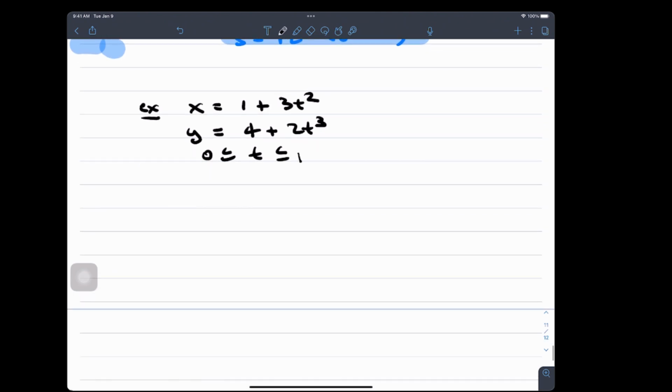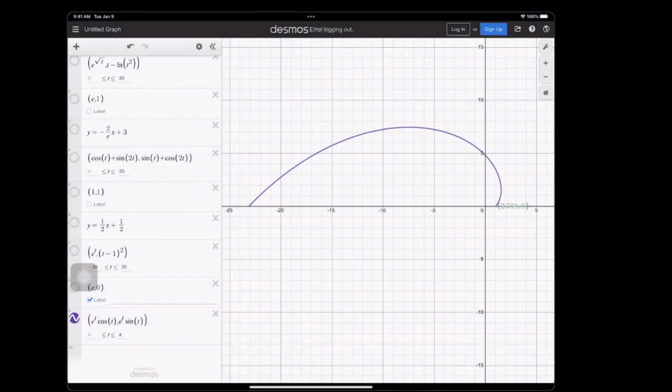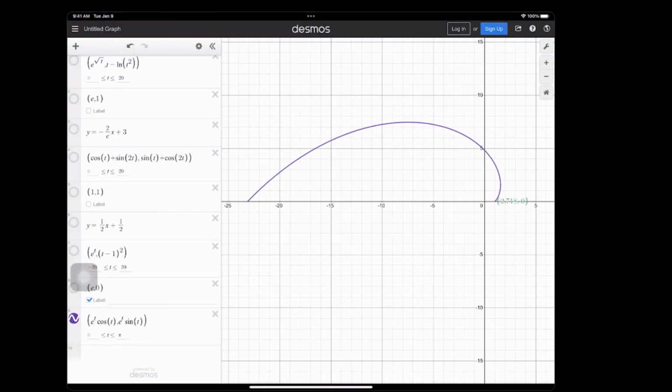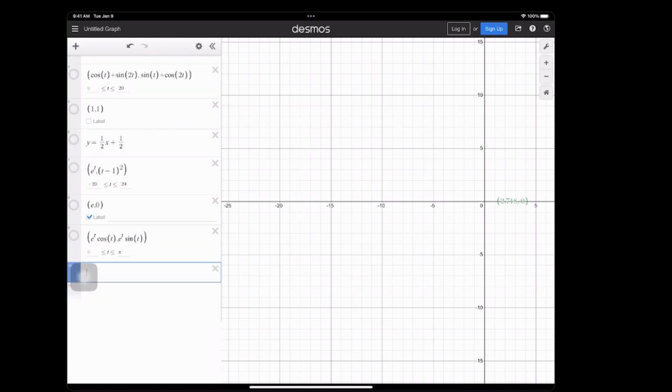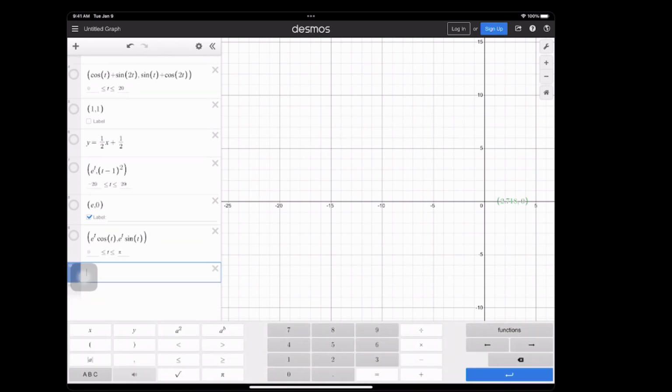Okay, let me double check here. 1 plus 3t squared, 4 plus 2t cubed. All right. Let me see in decimals now, because I kind of want to show you guys in decimals. Put a parentheses here.